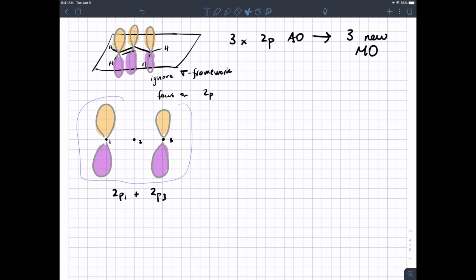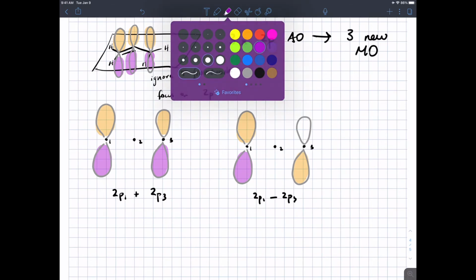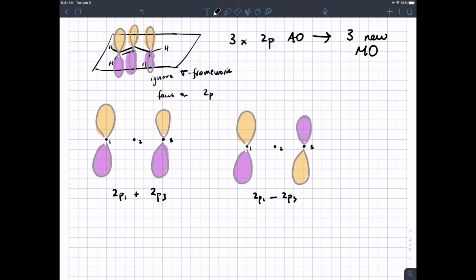And similarly, I could make the minus combination, 2p1 minus 2p3, only I'd have to switch the sign of the wave function, which I'm representing by color. All right, do you see how we got there? Just adding them together. Interestingly, anytime the sign of the wave function switches, you have a node.